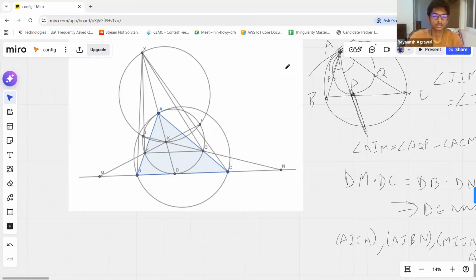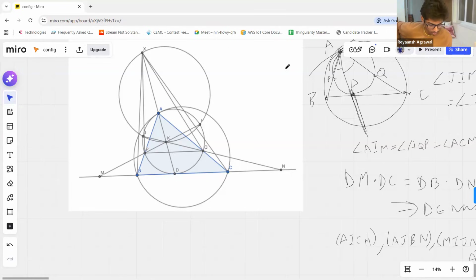Okay, any ideas? Another way to approach is to just do some angle chasing and figure out some cyclic quadrilaterals.